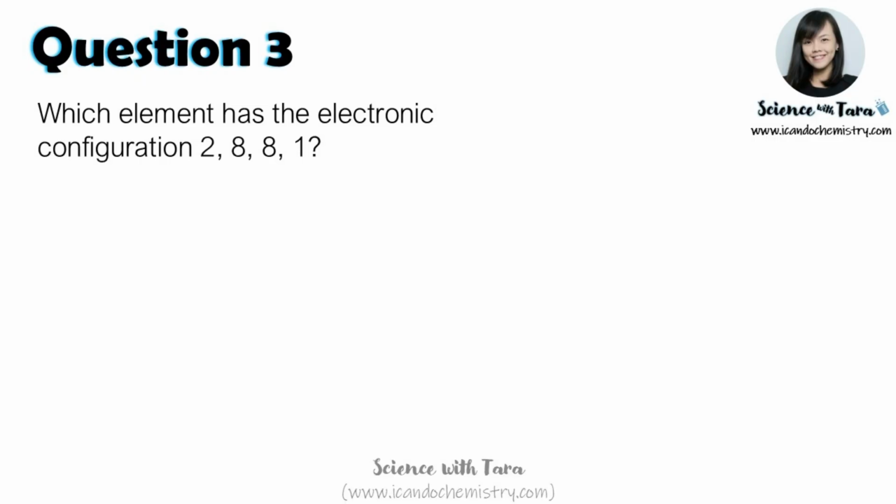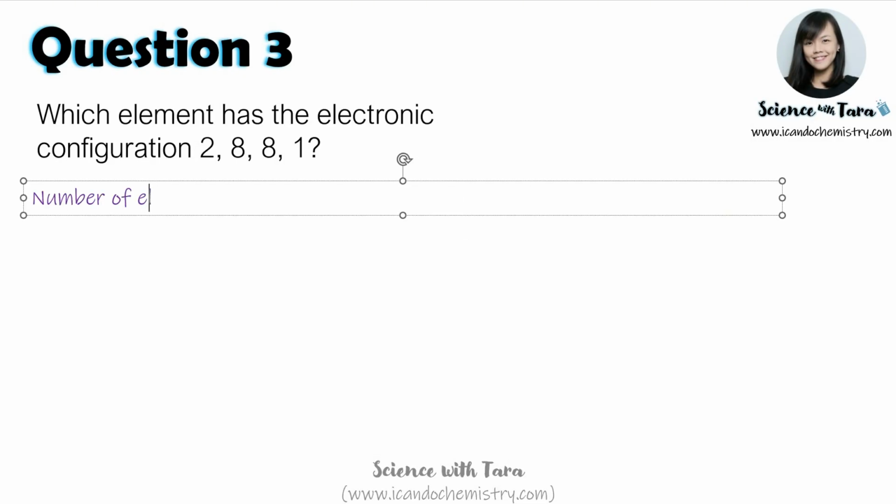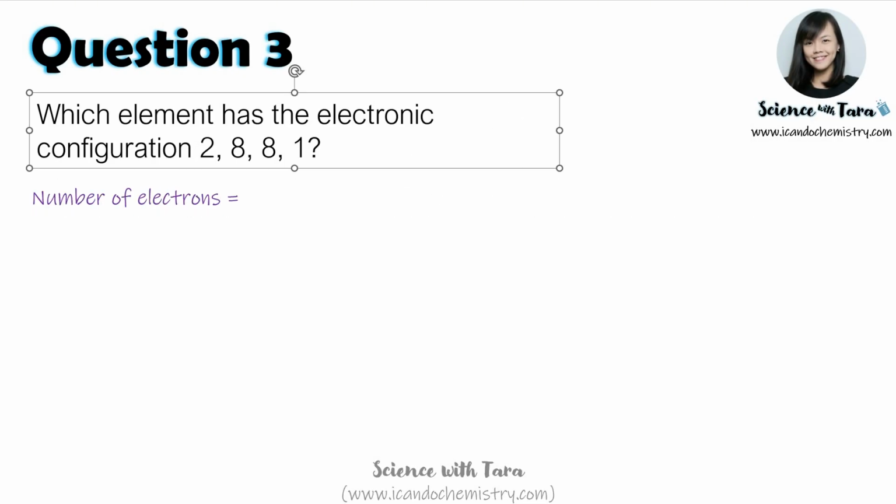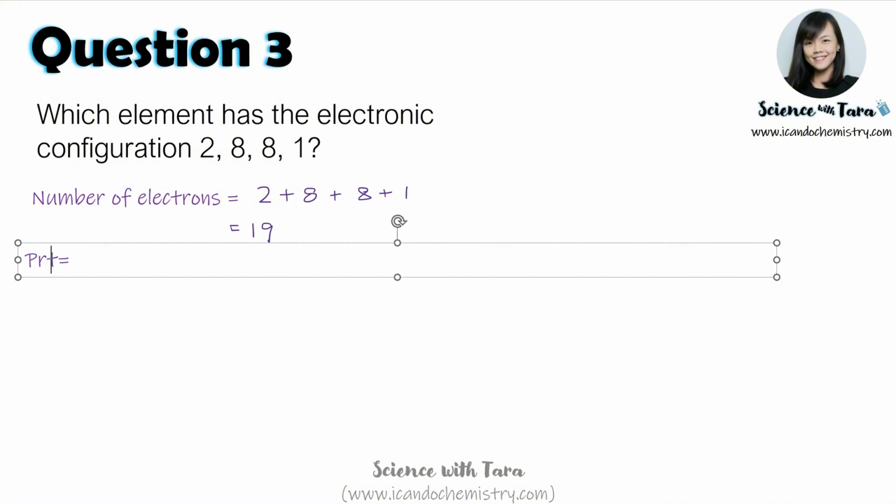Question 3. Which element has the electronic configuration of 2, 8, 8, 1? Now, let's work out the number of electrons it has. 2 plus 8 plus 8 plus 1 is 19 electrons. For an atom which is electrically neutral, meaning it has no charge, the number of protons and number of electrons must be the same.